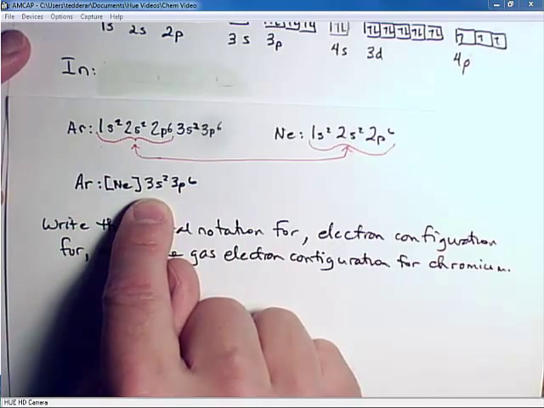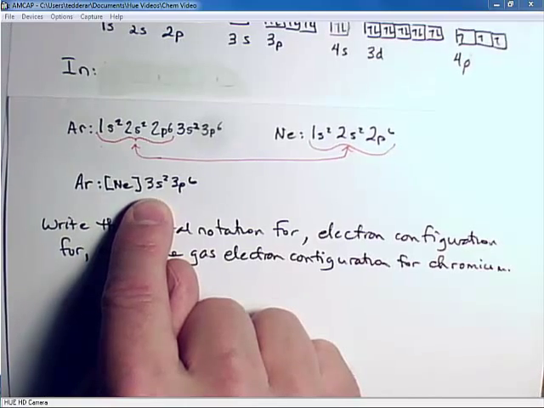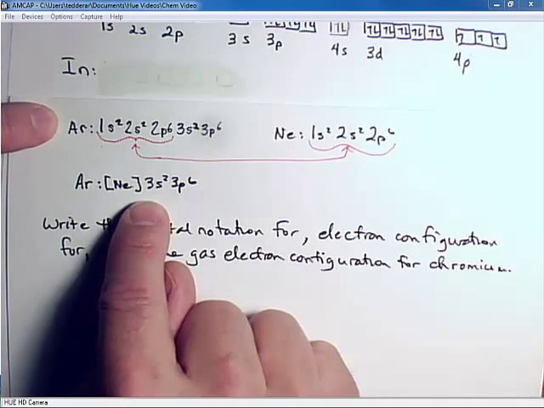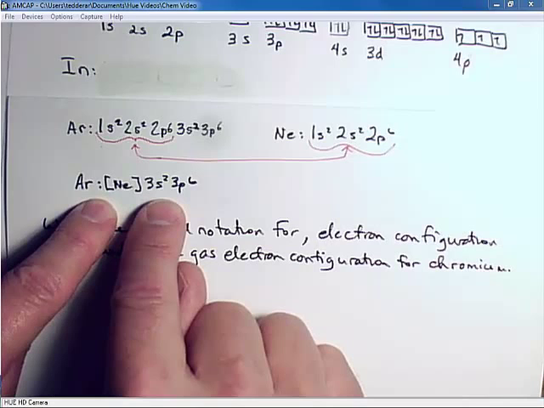You need to know what those names mean. Now, if I don't tell you that you have to do a shorthand or full electron configuration, you're free to choose either this or this, except up to and including neon, you cannot do a shorthand version. That makes sense? You with me?